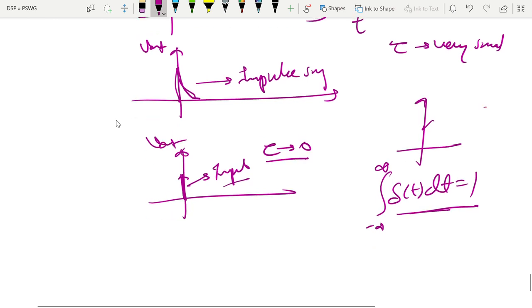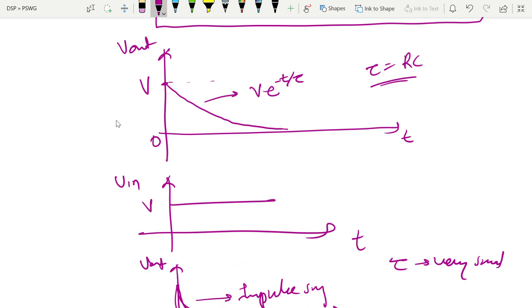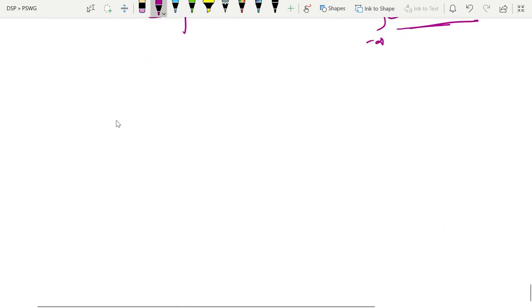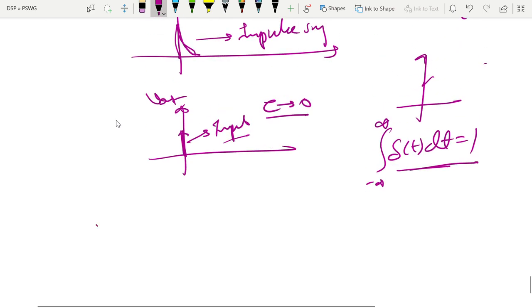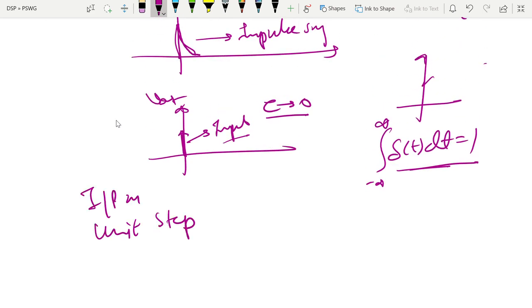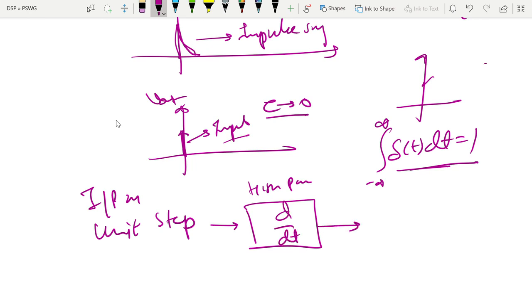So what we have is that we are giving input as a unit step, and this is a high pass RC circuit, a d by dt. We give a unit step as input, and we get an impulse signal as output.